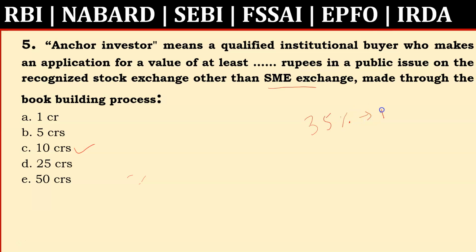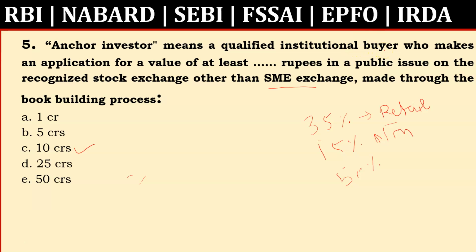35% is allocated to retail individual investors, meaning like me, like you, who can participate in the IPO process, and 15% is for non-institutional investors, and 50% is for qualified institutional buyers.